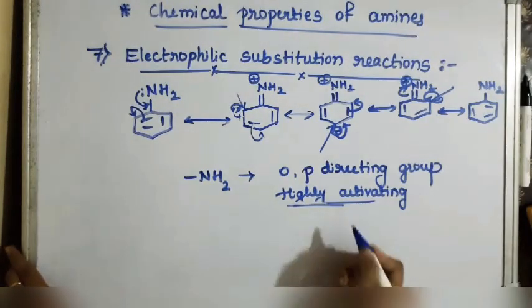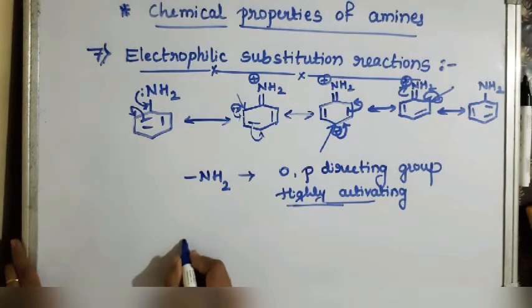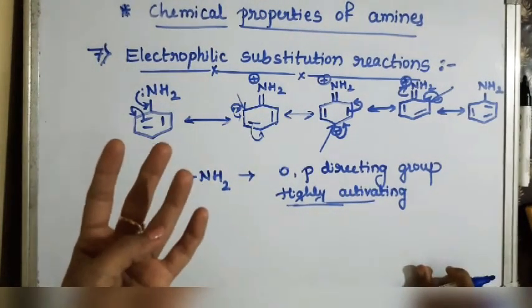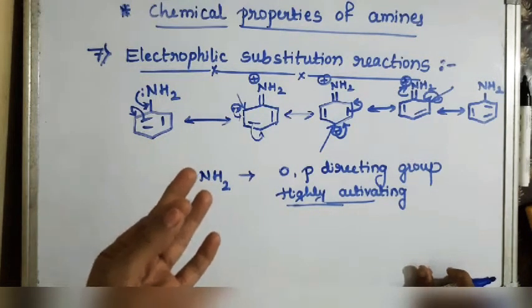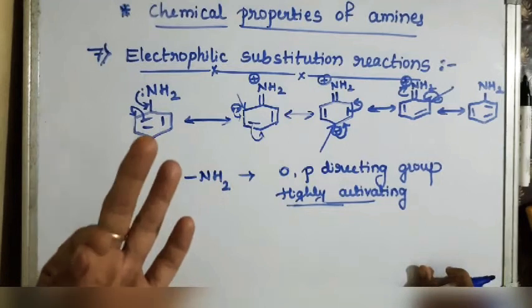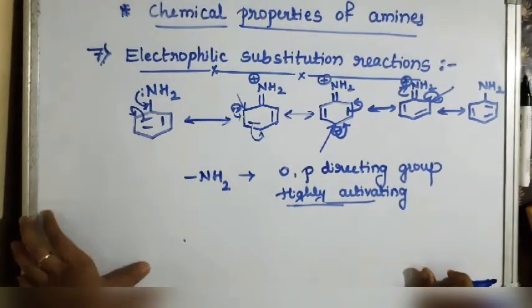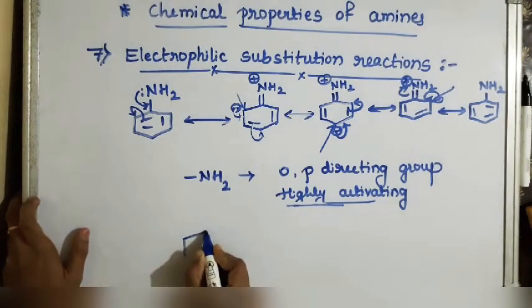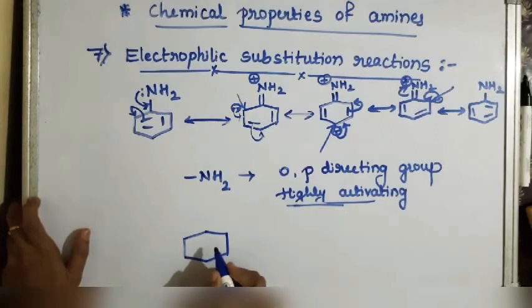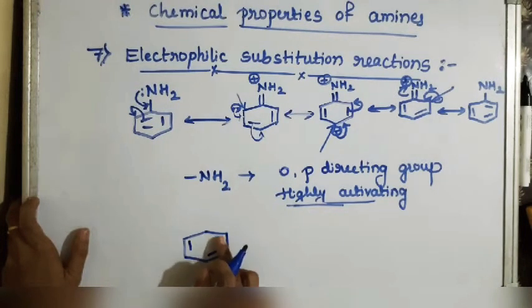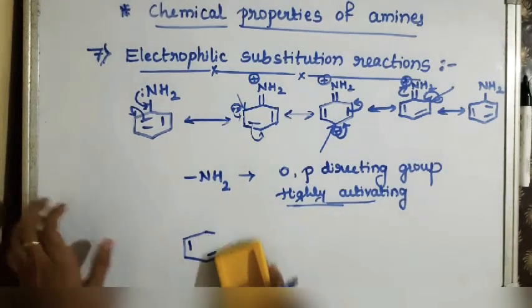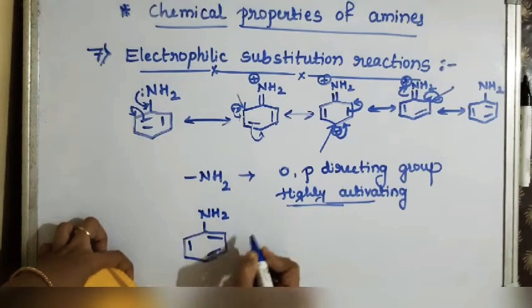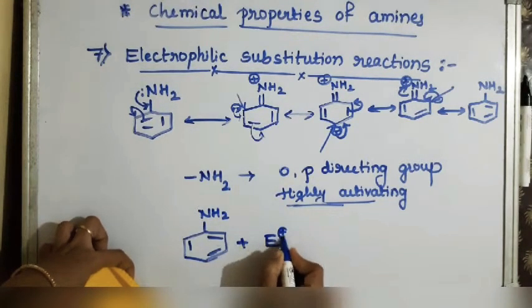The term highly activating is used because you know that the first step in the electrophilic substitution reaction is generation of the electrophile. The second step is attack of the electrophile to form a carbocation. That carbocation is stabilized by resonance. So in case of aniline, let me take an example of some electrophile attacking the aniline.